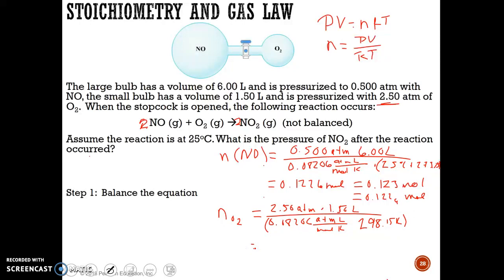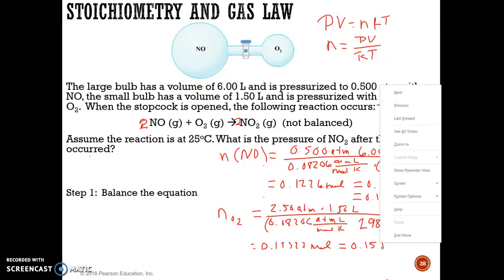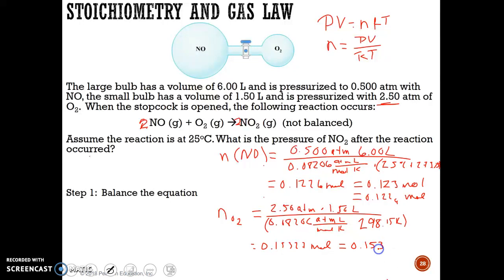When you put it into your calculator, you will get 0.15327 and so forth moles. We only want 3 sig figs, but we're going to keep an additional digit for rounding purposes and say 0.1532 moles. So now we have moles of things.